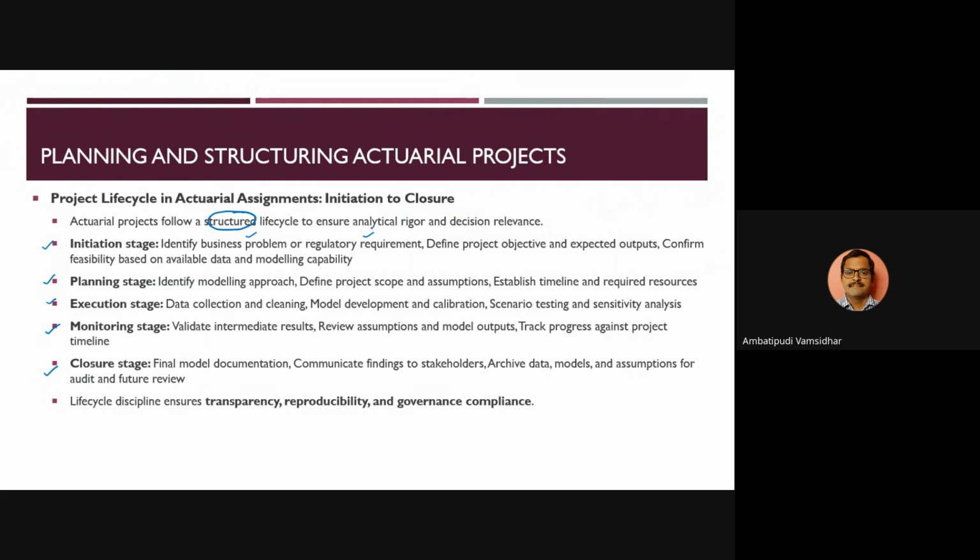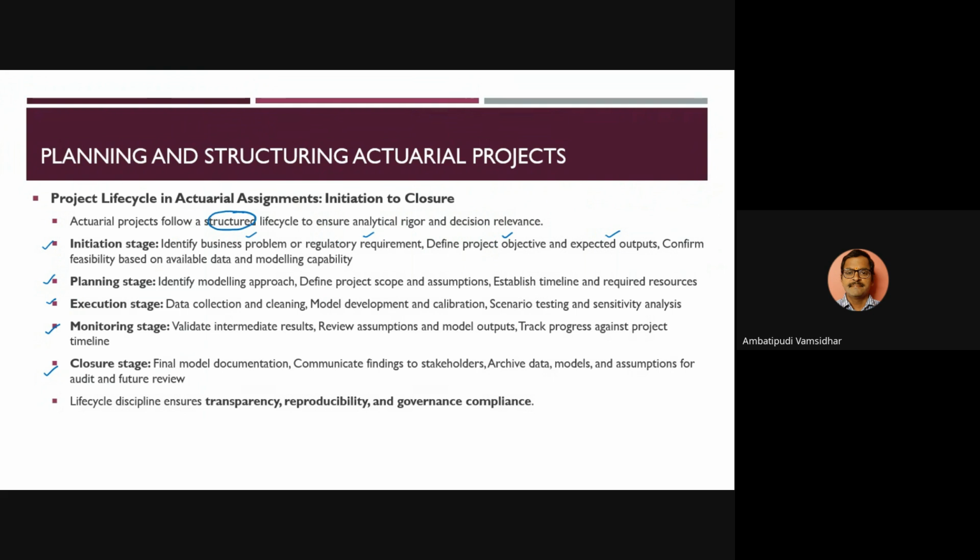Whenever regulator comes up with some kind of a decision, the same has to be implemented as a project within the organization, right? You should define, so all those things that we have already discussed, defining the project objective, project scope, what are the outputs that are expected from the project, right?